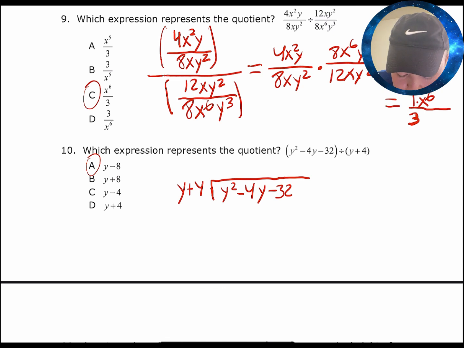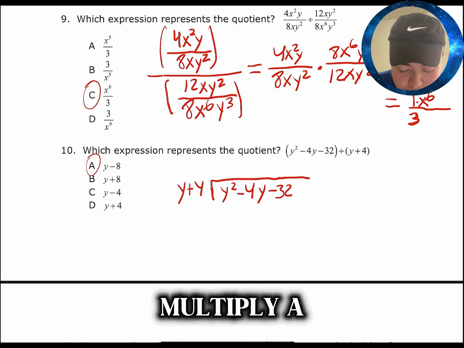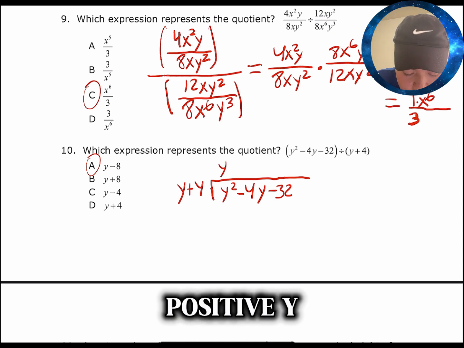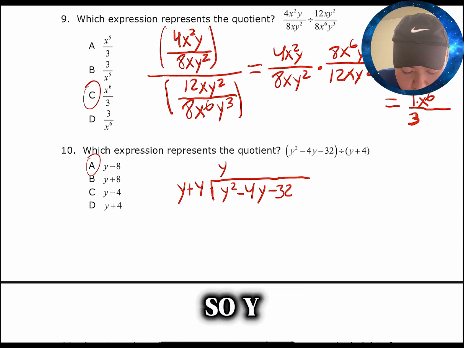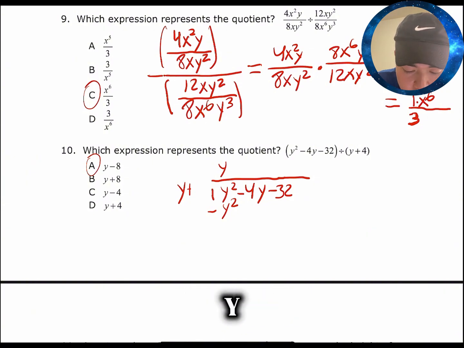Alright. So let's see, what can we do? I'm gonna multiply a positive y. So y times y is gonna be, so we're gonna do minus y squared. And then y times 4, and I know my 4 looks like a y, so I'm going to rewrite that.